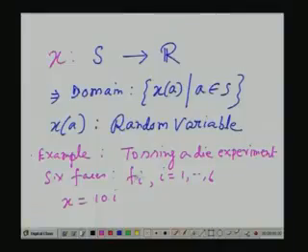In this case your function maps each outcome, F1 to 10, F2 to 20, and like that. Actually, I should have written X as a function of I, because I is the event.